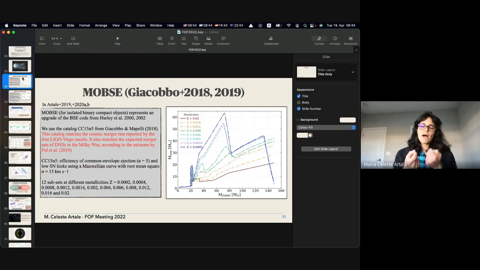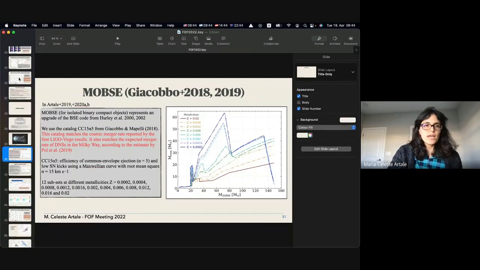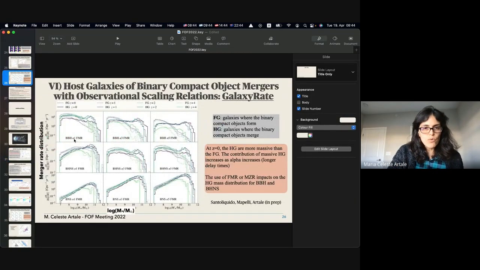How bound this envelope is is not very clear. That's in fact why I show you this alpha 1, alpha 3, alpha 5: this parameter is connected with how bound the envelope is to the binary system. This is one of the main uncertainties.